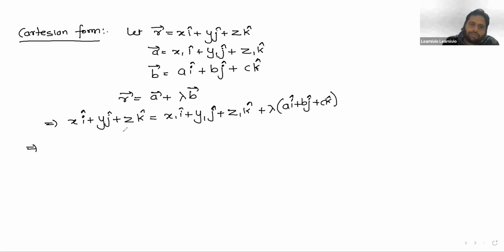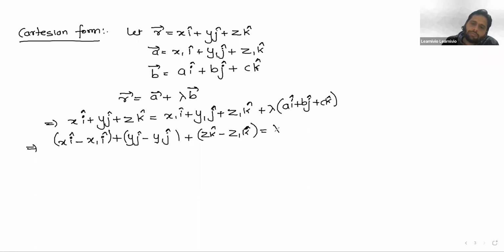Now shift this here: x i cap minus x1 i cap, plus y j cap minus y1 j cap, plus z k cap minus z1 k cap is equal to lambda times a i cap plus b j cap plus c k cap.